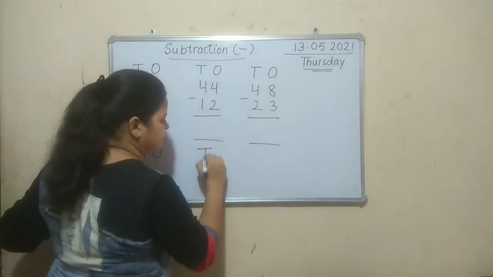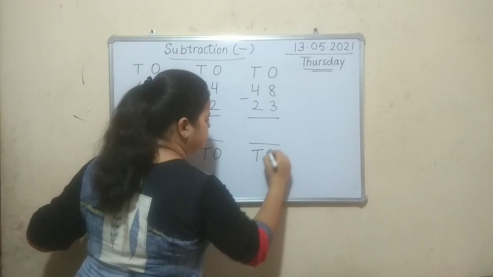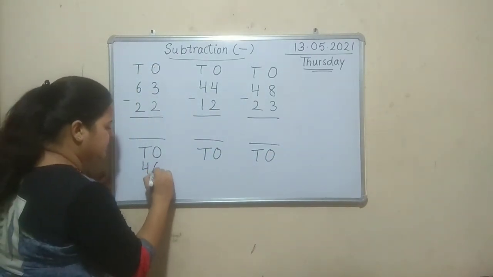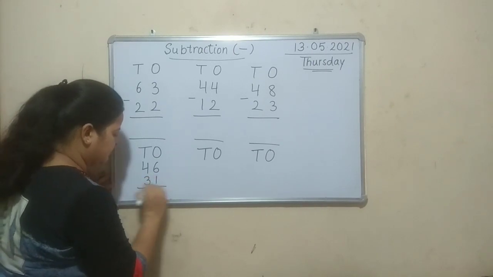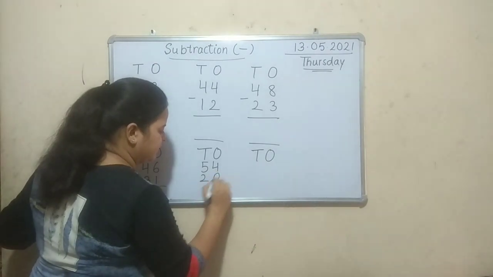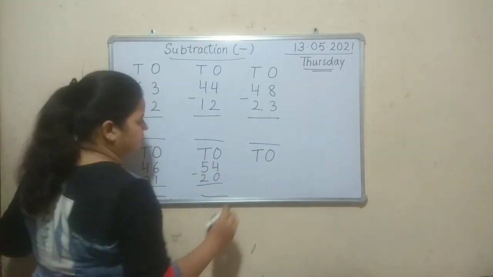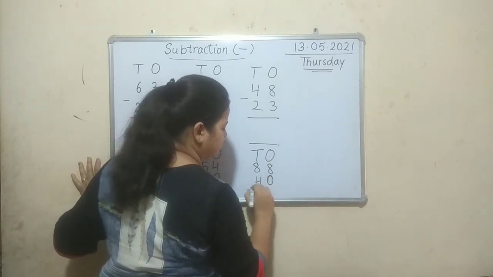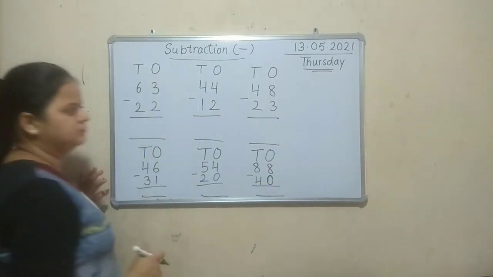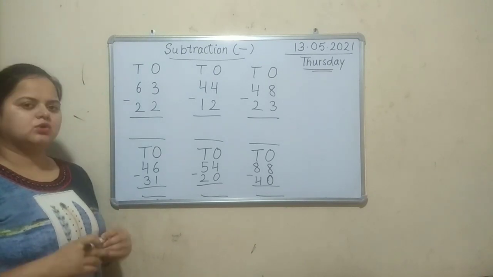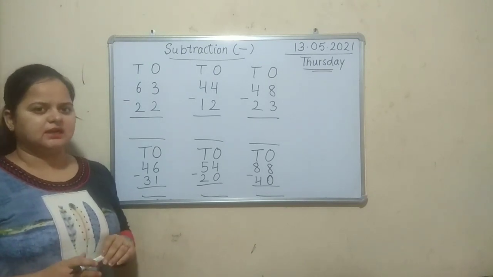Tens, ones, tens, ones, tens, ones. 46, 31. 54, 20. 88, 49, 40. So these sums we have to do now. Write it in your notebooks in very neat and clean handwriting.